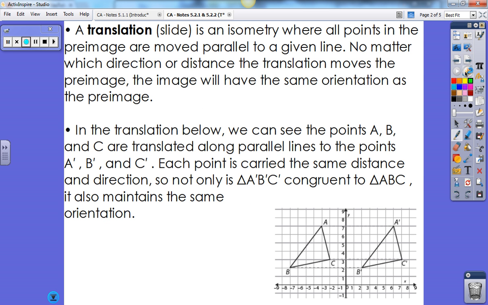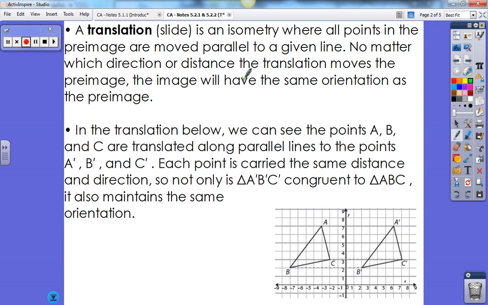A translation is the first transformation that we're going to talk about in detail, and it is an isometry. If you recall, an isometry means that it doesn't change shape or size, it just moves. So all points in the pre-image, which is the image you're given, are moved parallel to a given line.